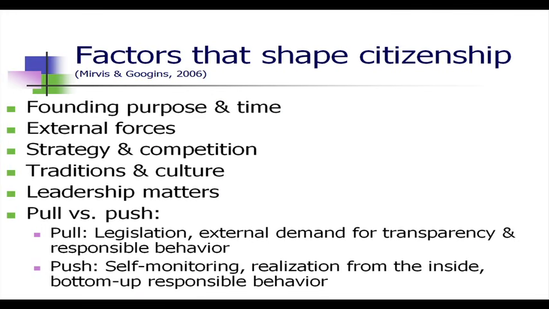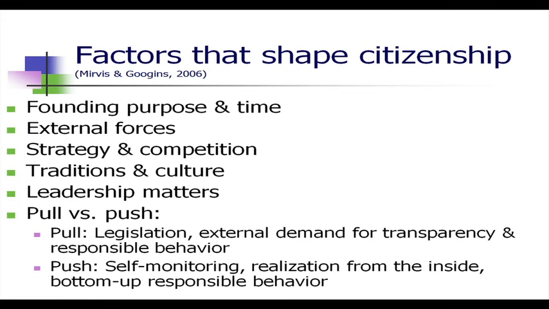Okay. Factors that shape citizenship are the founding purpose and time. How do you define citizenship? External forces, you have strategy and competition, traditions and culture, you have leadership matters, you have pull versus push. So pulling means how leadership views citizenship, how traditions and culture influence citizenship.